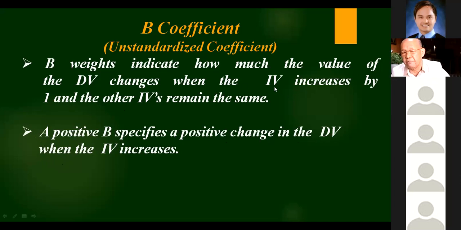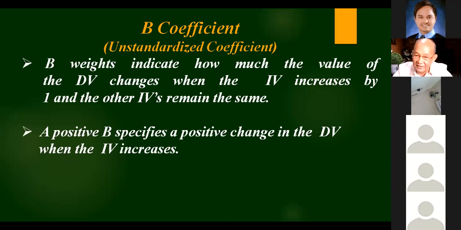Tapos, ang Y, performance. And then you get a B coefficient equal to 0.75. That would mean for every unit increase in mental ability, for every increase in IQ, performance can be expected to increase by 0.75.